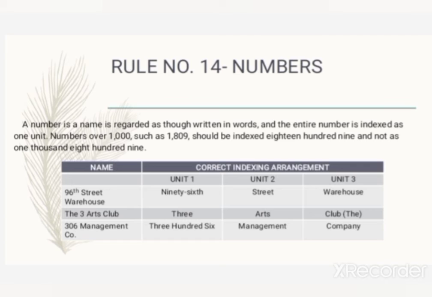The number 96, in the correct indexing arrangement, we are going to spell it out. 96 Street Warehouse. The 3 Art Club. The number 3, we are going to write it in a word.